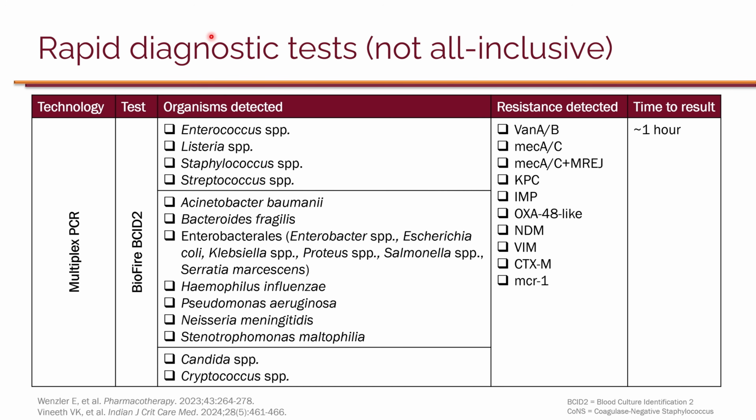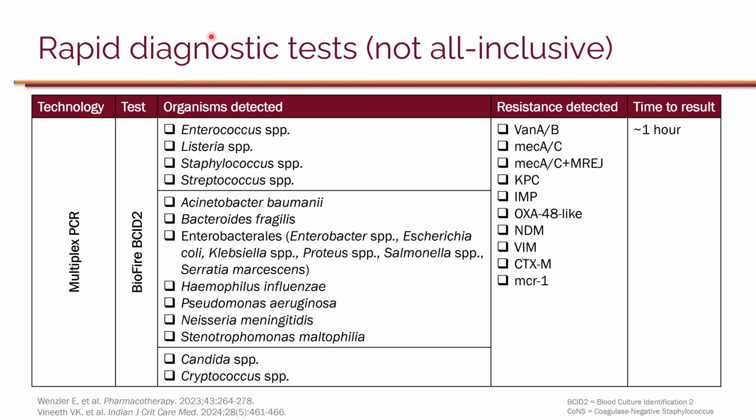The significance of this is that it can detect a series of organisms that are listed here. So a number of clinically important organisms that cause the most common infections, including gram-positive and gram-negative bacteria, as well as certain species of fungi such as Candida and Cryptococcus species.